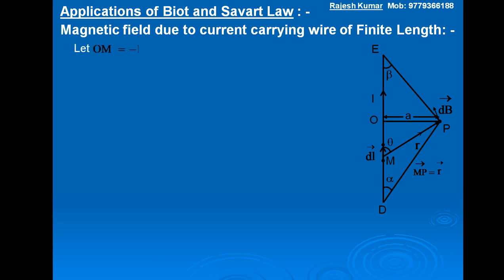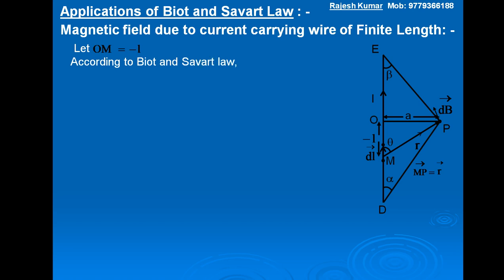Let OM be equal to minus l. O is the origin, so below the origin length is negative and above the origin length is positive.